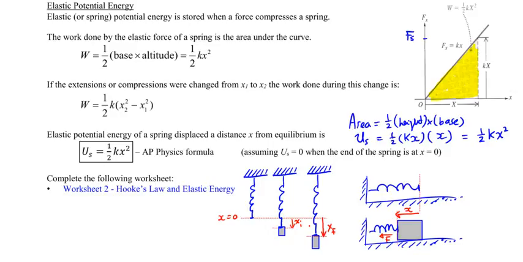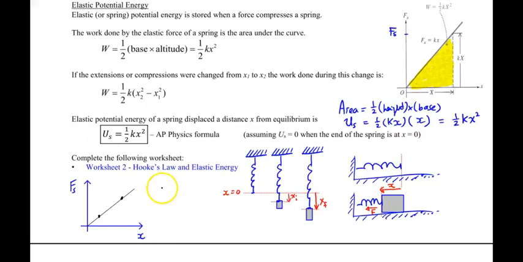Well, if you think of it graphically, there we have Hooke's law, where this position right here is the x initial, and then this position right here is x final. So how do we find the energy that's stored from going from this position to this position? Well, it's the same concept. You have to use the area under the curve, but now we're looking at the area under the curve that is bound between the initial position and the final position.